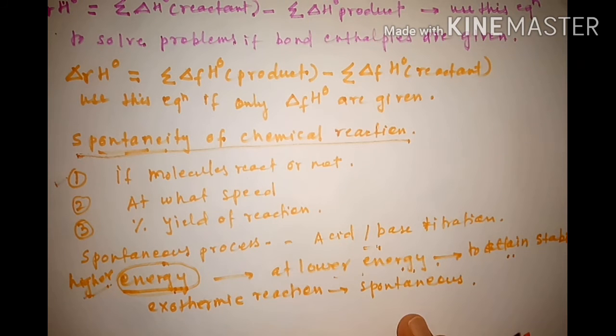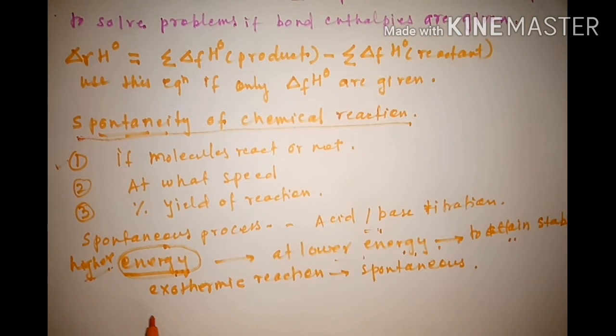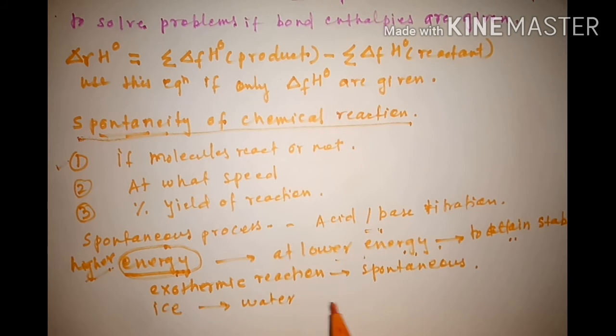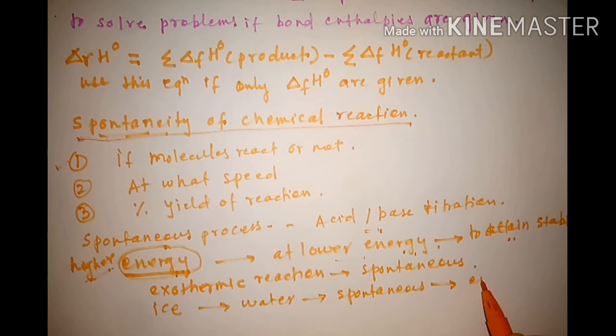For example, the melting of ice, which is converted into water. This is again a spontaneous process. You are not supplying any energy, but still it is converted into water when kept at room temperature, and this is an endothermic process.